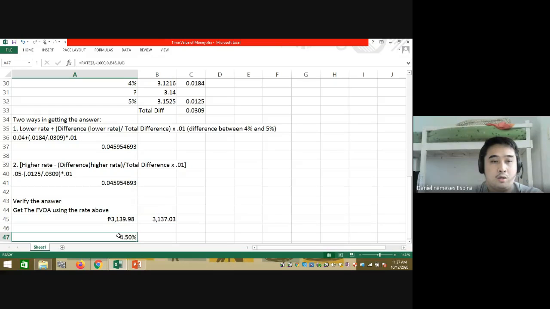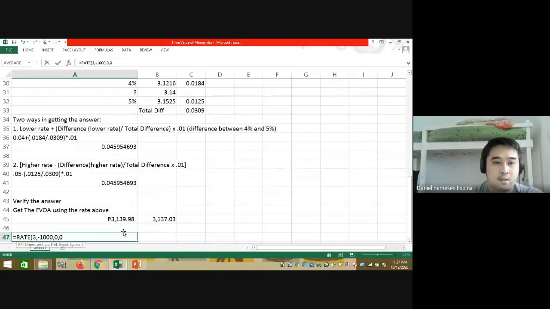So RATE, open parentheses, that's N per 3. Payment is negative 1,000. PV is 0. The type is 0 because it's the end of the period.